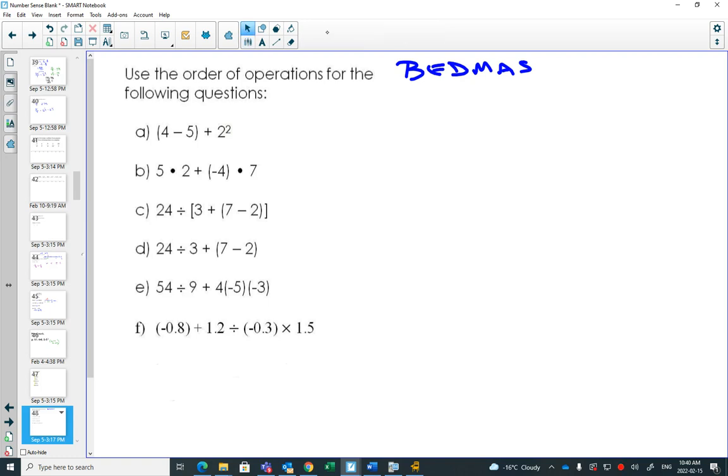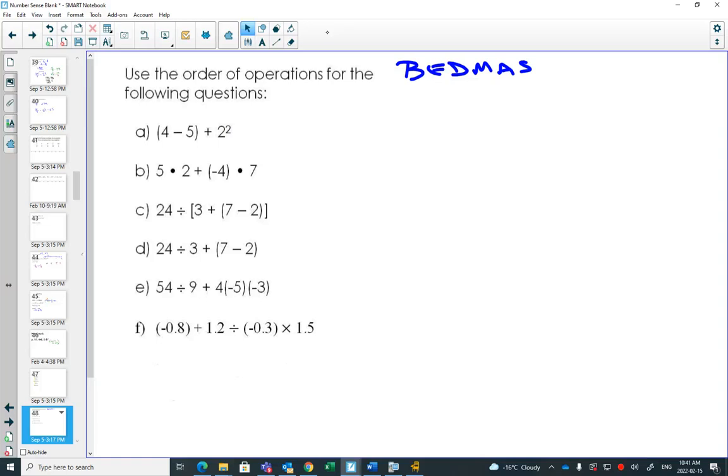Ooh, dividing by decimals. Negative 1.2 divided by 0.3. What's the answer to that mental math? Okay. Well, sometimes when you're thinking about dividing, if I do something like 8 divided by 2, you just know the answer is 4.